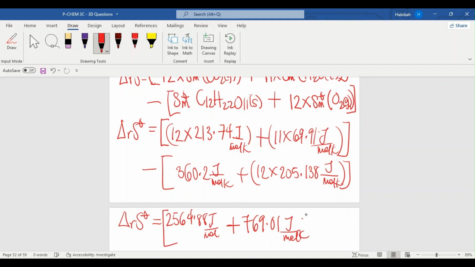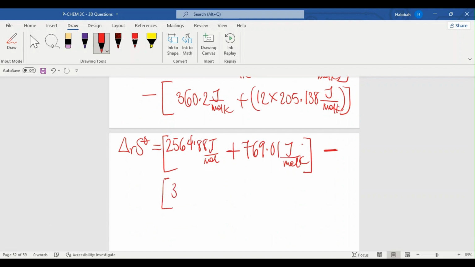So this one's together, of course, then we got the minus 360.2 joule per mole Kelvin plus 12 times 205.138, which is just 2461.656 joule per mole Kelvin.